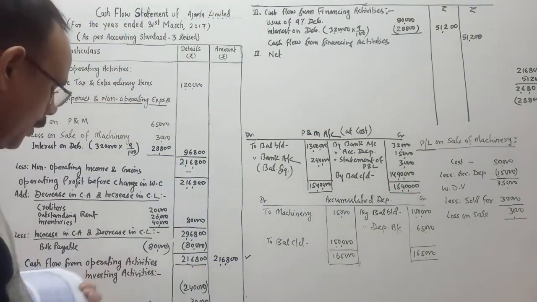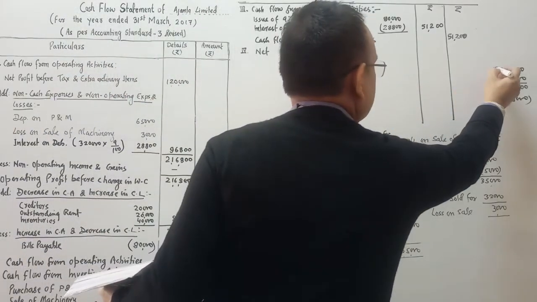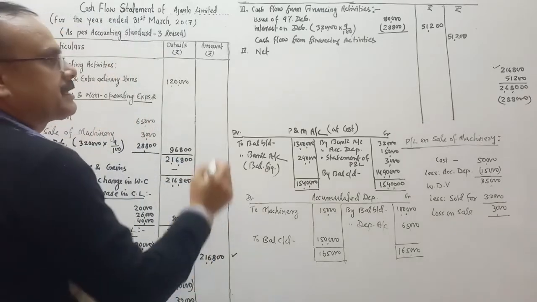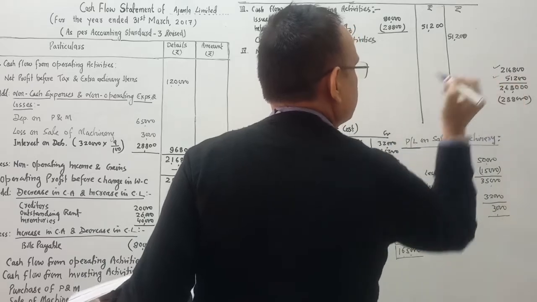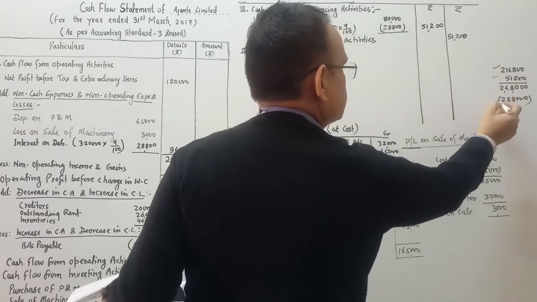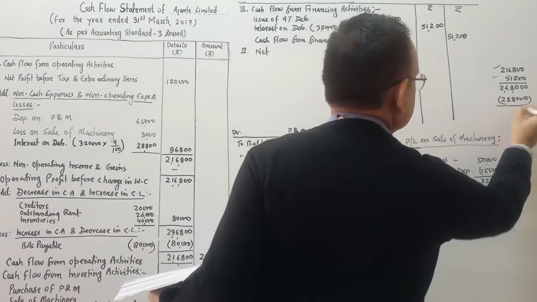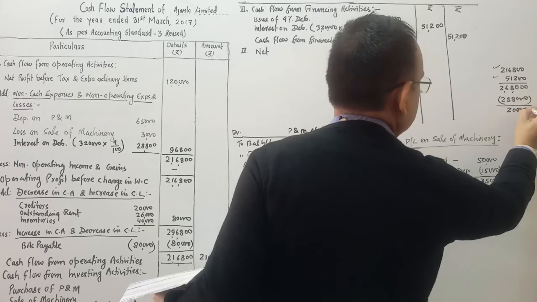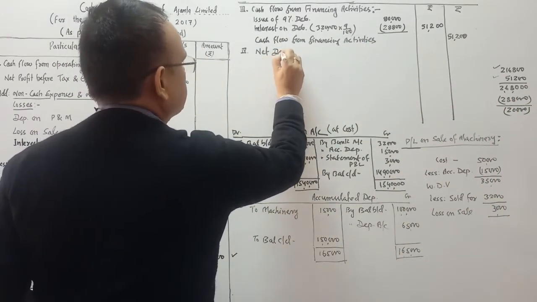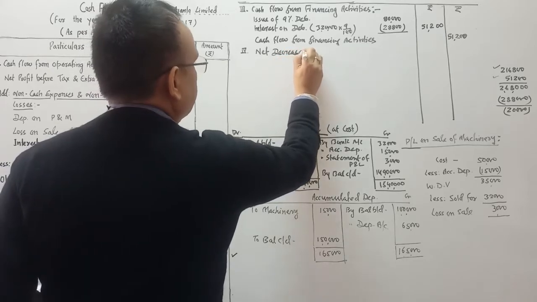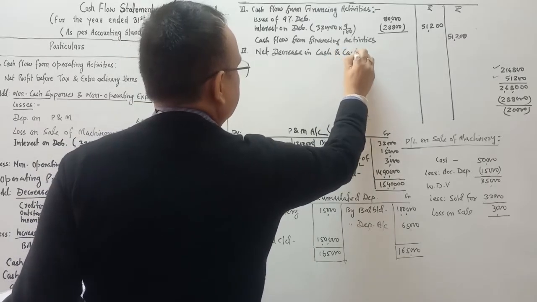2,88,000 is the outflow. So cash flow from operating is an inflow, cash flow from financing is an inflow, the total inflow is under these two activities, and in investing it is cash used. So finally, the difference is how much? It is 20,000 used. So you write it over as net decrease in cash and cash equivalent.